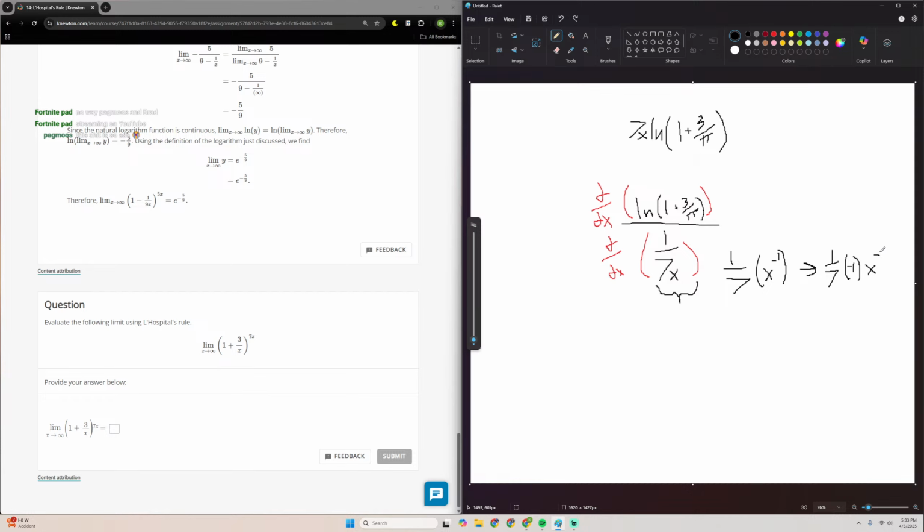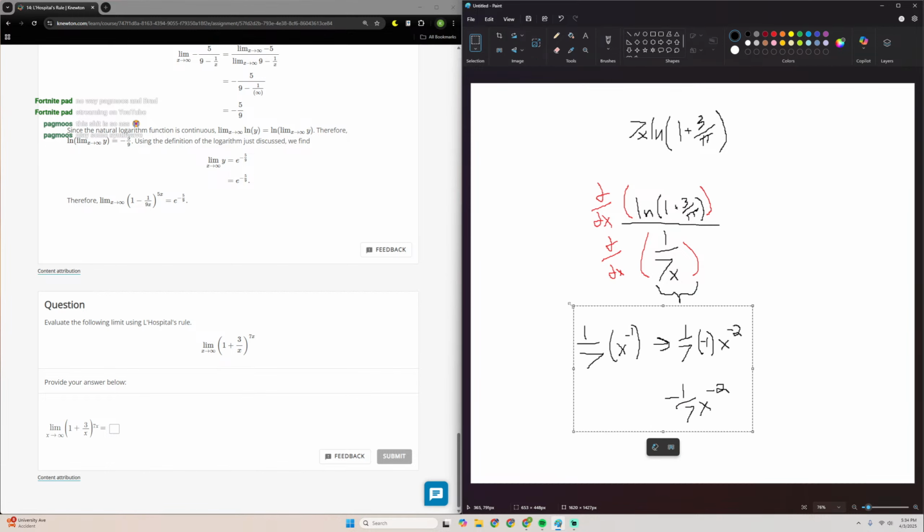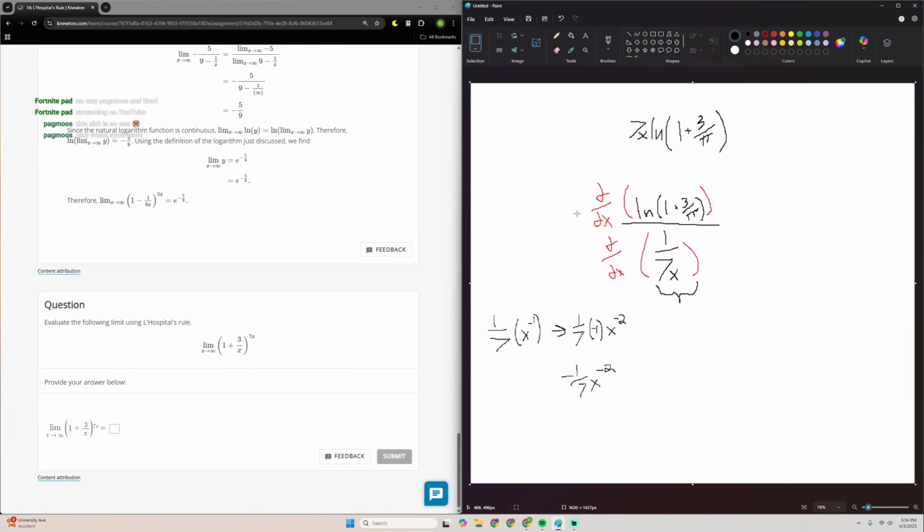That's not really bad too, which is negative 1 over 7x to the negative 2. That is this whole thing right here, on the very bottom. Then we have to do this one.